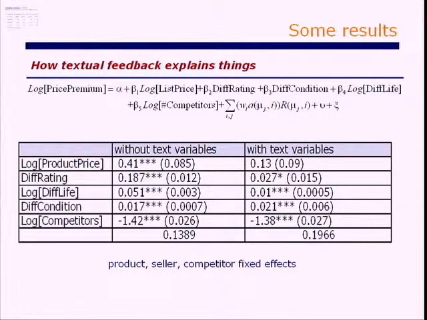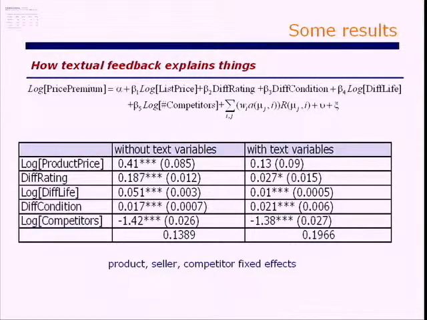We do control for unobserved heterogeneity. So that might partially account for some of this repeat. A buyer might be buying from a particular seller. Maybe a seller has other aspects to them that are not contained in this. So this particular table has product, seller, and competitor fixed effects. And the dependent variable has to do with our basic price premium, not the average.